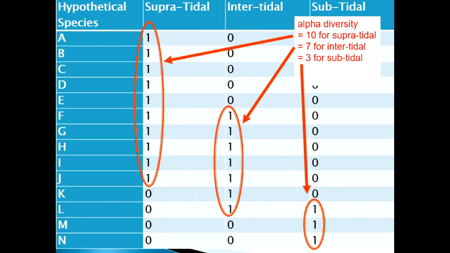So recall, this is marked as ones and zeros, 1 meaning a species is present, and 0 meaning it's absent or not there. And so for the supertidal region, you count 10 species, species A through J, so the alpha diversity is 10. For the intertidal area, the alpha diversity is 7, and for the subtidal area, we just have an alpha diversity of 3.